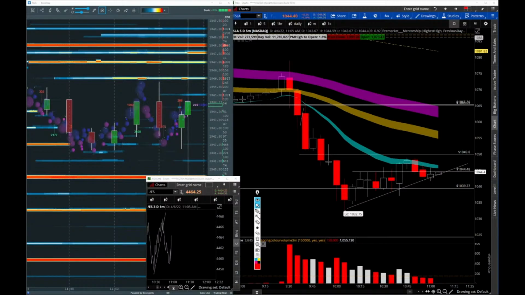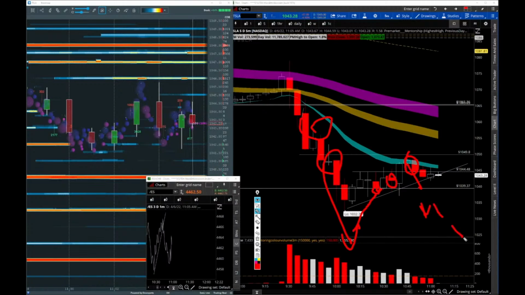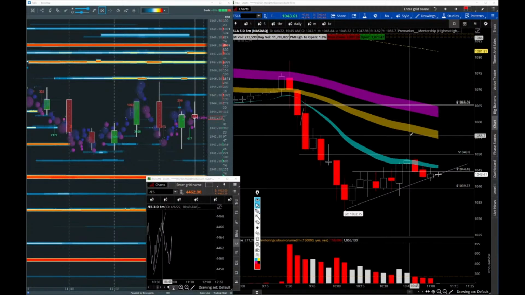Because it's like scaling in and scaling out. So the trade is in your favor, you add as it goes down. The trade goes against you, scale out, and then you can re-add. So always, of course, scaling out as well. So taking partials when it's working as well.